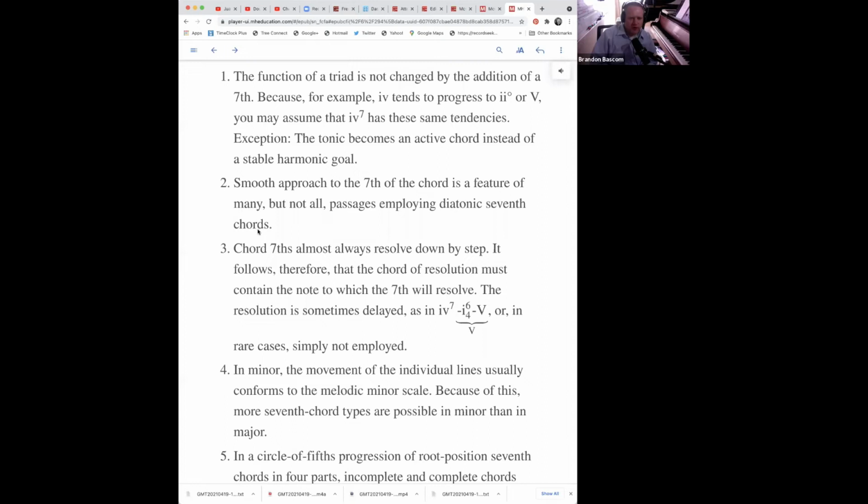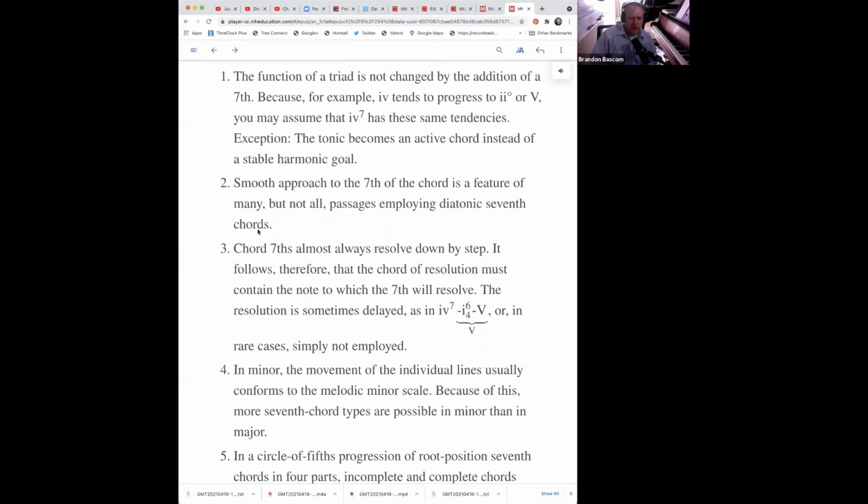In a circle of fifths progression of root position seventh chords in 4 parts, incomplete and complete chords must be used in alteration, but these are not root position. So we're okay.